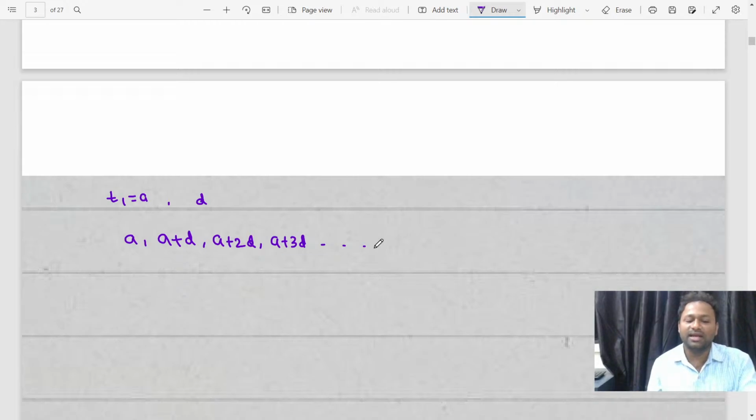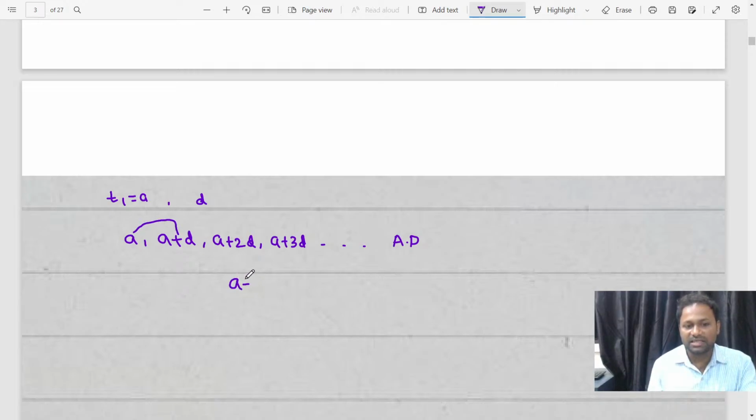Can we call this an arithmetic progression? Let us check. In arithmetic progression, what is the main condition? The common difference should be the same, the difference between any two consecutive terms.